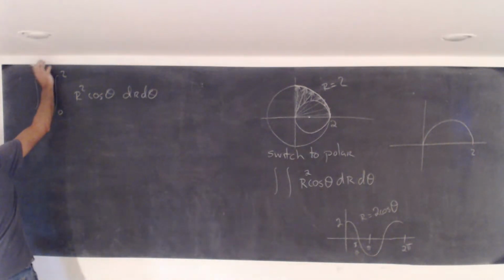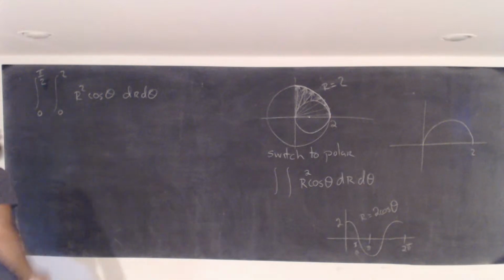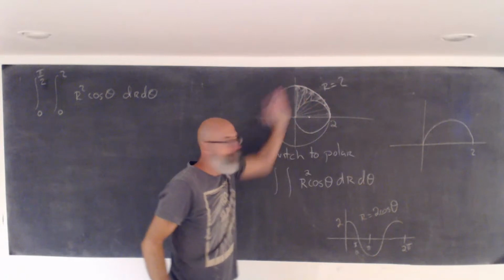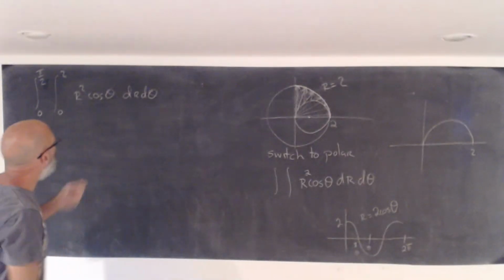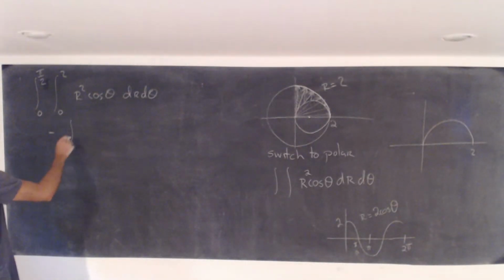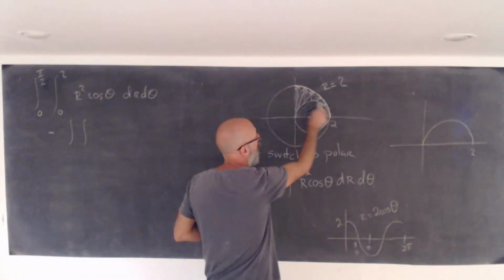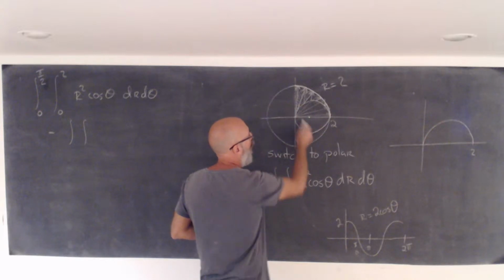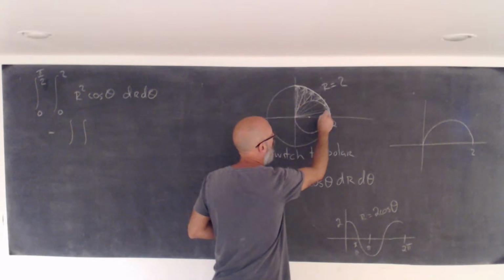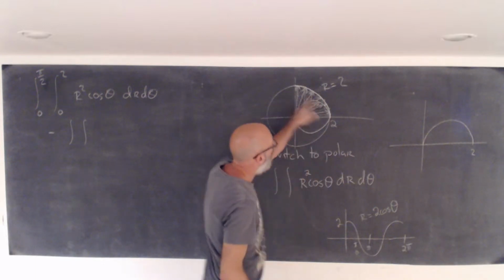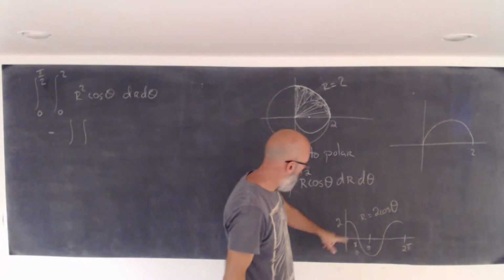Not pi over 4, but pi over 2, right? We're going to take the quarter circle, and then we're going to subtract the stuff in the smaller one, where here r goes from 0 to the small circle.